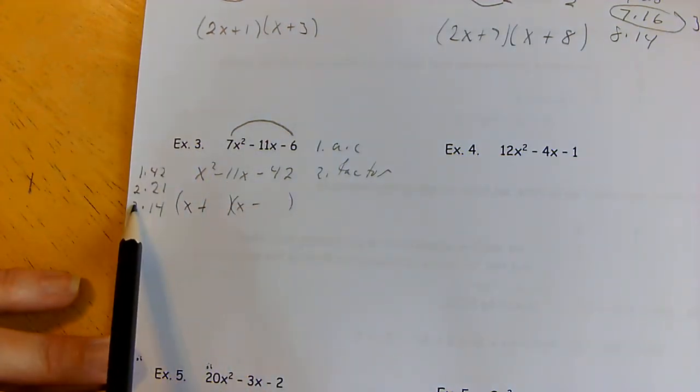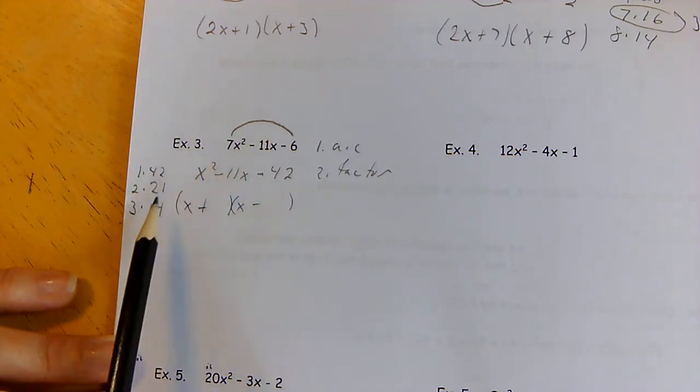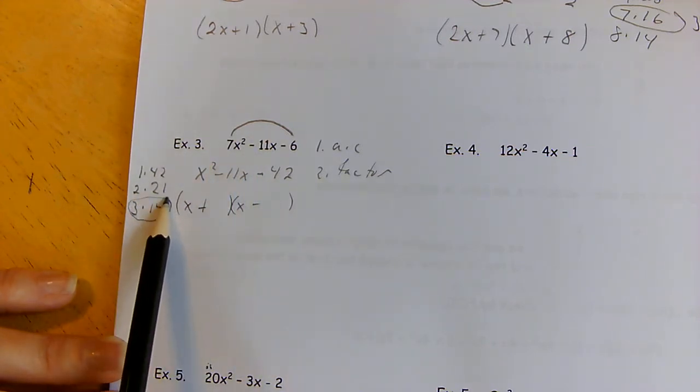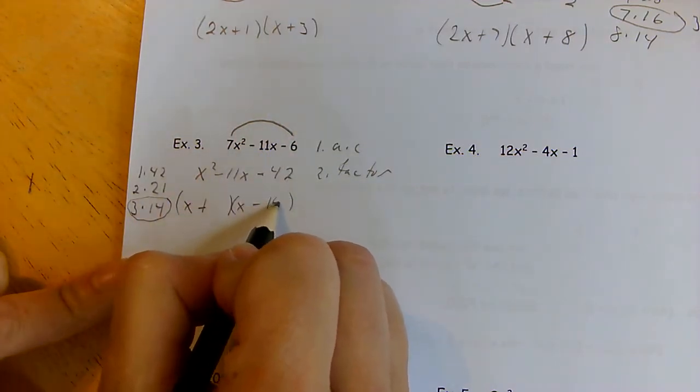So I'm doing my factor list, and I notice that two numbers that multiply to 42 that subtract to 11 are going to be these. The leftover is negative, so I need the 14 to be negative.